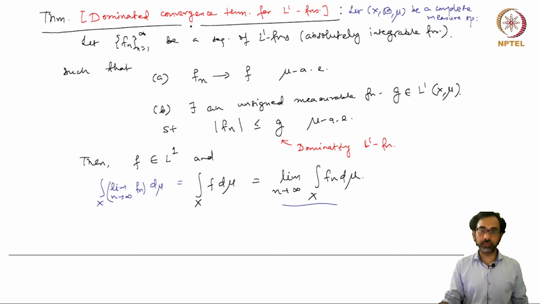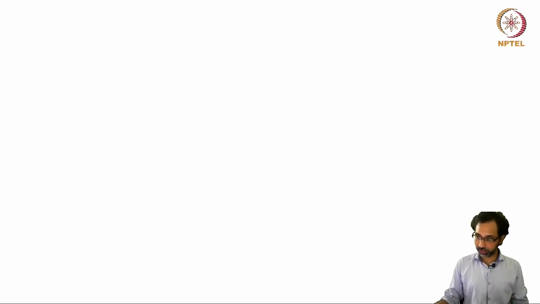So this holds for complete measure space because we have seen that for complete measure spaces a sequence of measurable functions converging almost everywhere to another function gives you a measurable function. So we need this completeness business, but once we have that it's not very difficult to establish the proof.